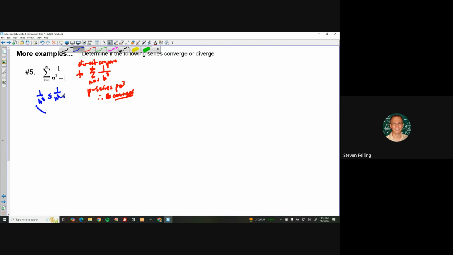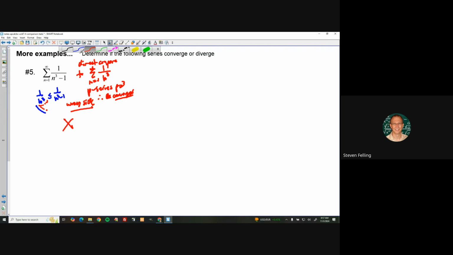Yeah, if I subtract 1 from the denominator, it's getting smaller. So yeah, the fraction is getting larger. And that means that this other side over here just has to stay above that. So it could converge, but it also could diverge. So actually, this is the wrong side for direct comparison to work. So that won't work at all.